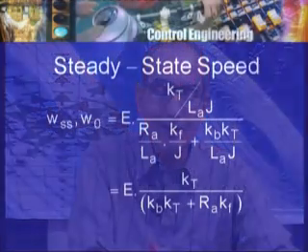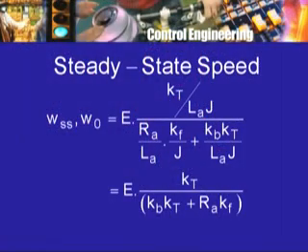So I will write it as omega steady state, omega SS, equal to, from what I have said just now, the applied voltage E multiplied by G0, which is KT divided by LA into J into 1 by tau A, and I will rewrite tau A as RA by LA, into 1 by tau M is KF by J plus KB KT divided by LA into J, and so getting rid of that LA into J, I will have it as E into KT divided by KB KT plus RA into KF. This is the value for the steady state speed.